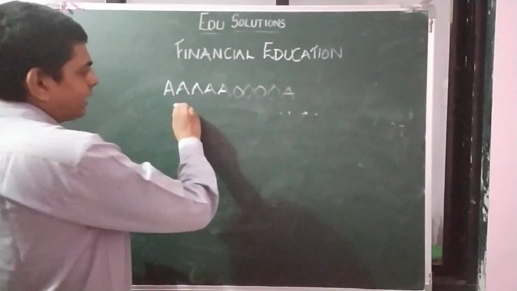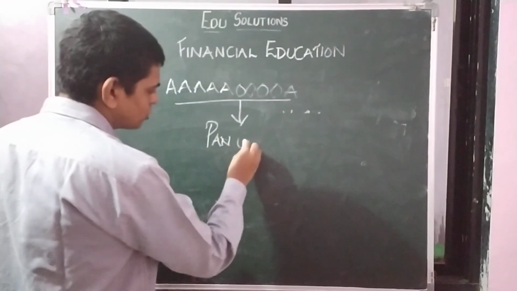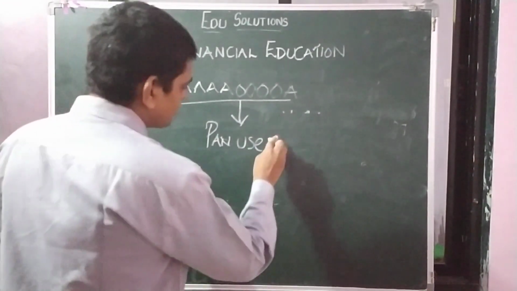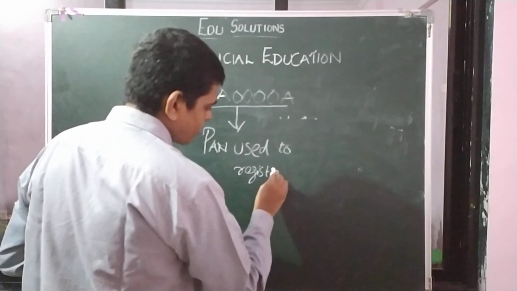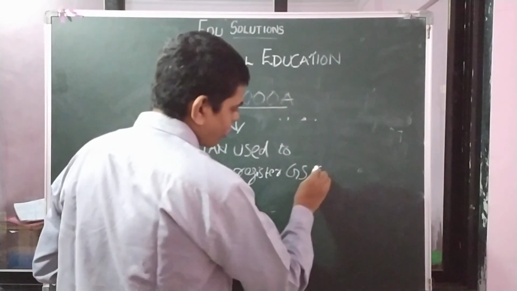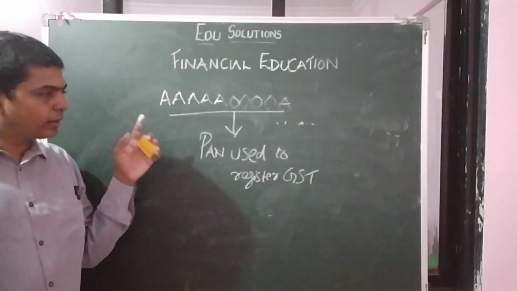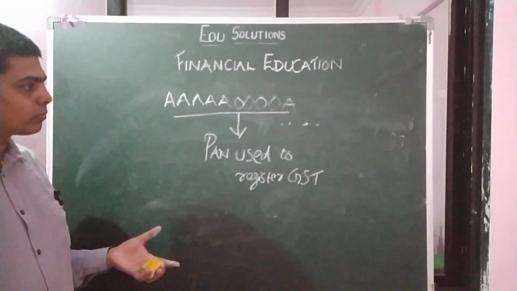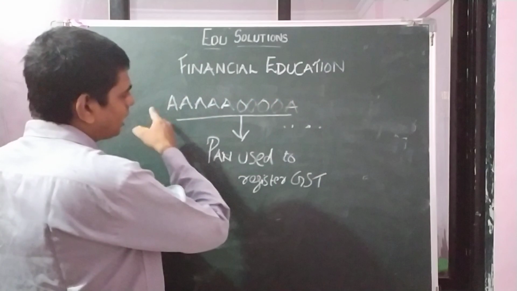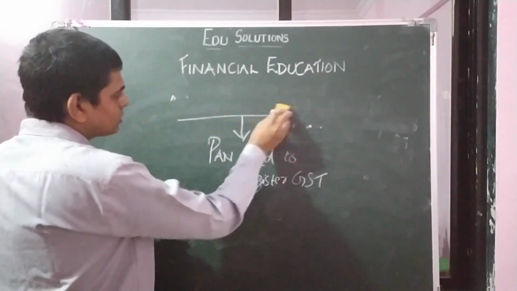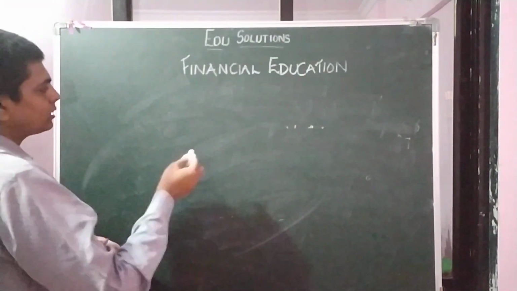These 10 characters denote the PAN number which is used to register the GST. So basically the user has to have a PAN number to get a GST number. PAN is a basic requirement for a GST number. After we discuss the GST number, I will explain how to decode this PAN number. So just remember the third character to the 12th character denotes the PAN number.